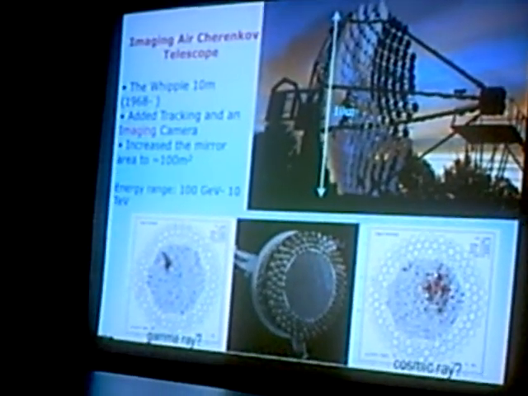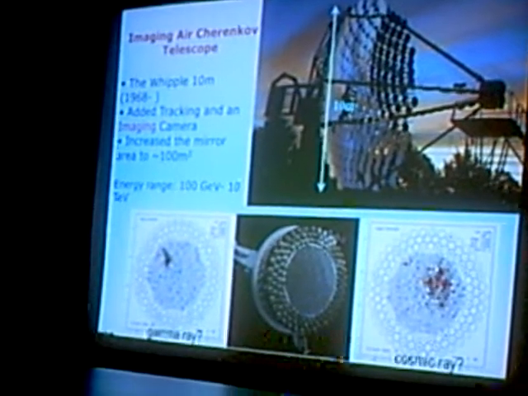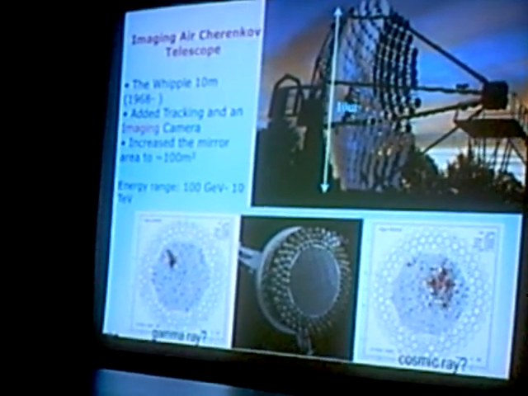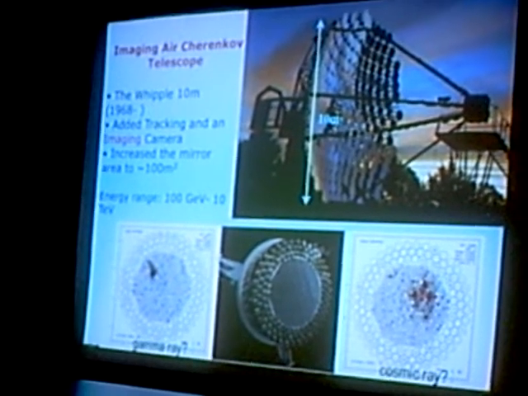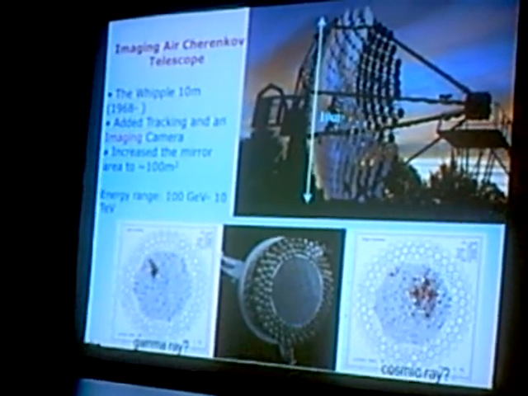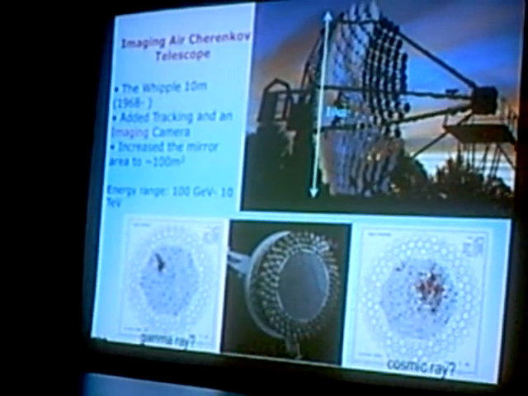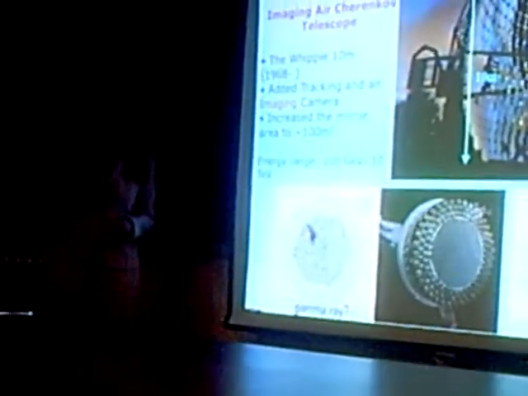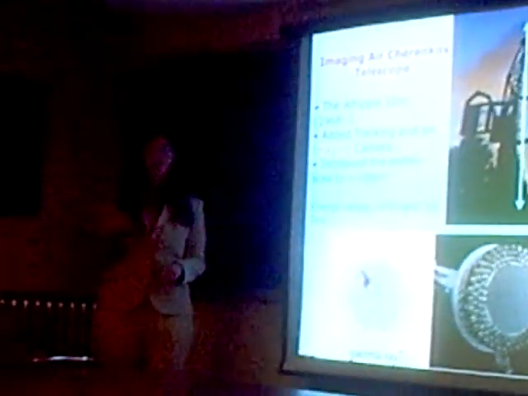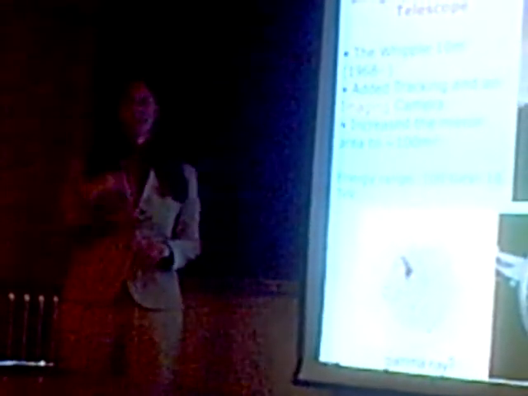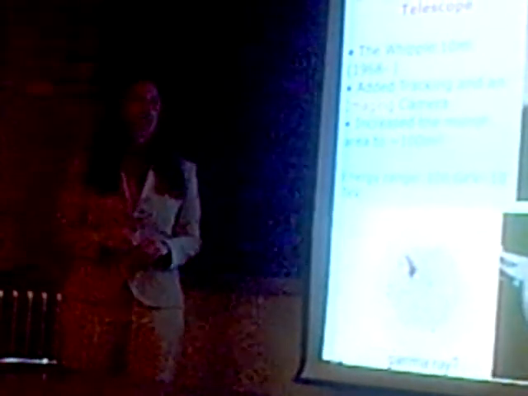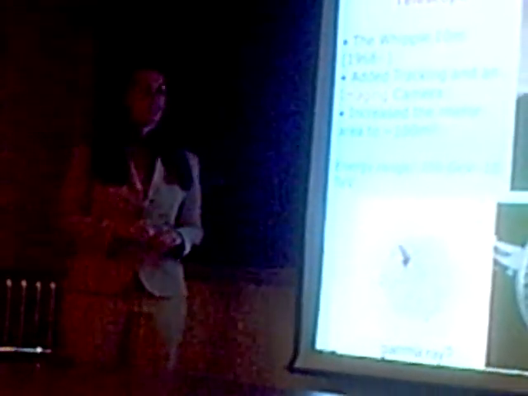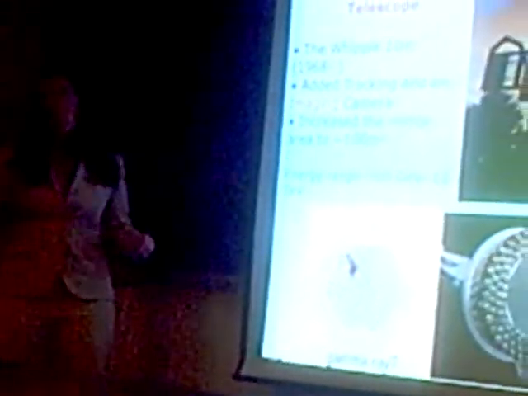Because what you really are trying to do is take the fact that you have that clumpiness in the cosmic ray showers, and you have the pointing to the source of the gamma rays, and saying, well, if I could actually not have a light bucket that just counts the number of photons that come in, but actually look at the distribution of the air shower, whether it's cosmic ray or gamma ray initiated, on the camera, and figure out some way of parameterizing that image of the shower. Is there some way that I can use that to my advantage? And of course, I would not be standing here if the answer was not yes, we can.